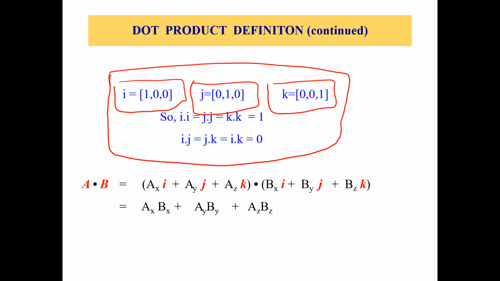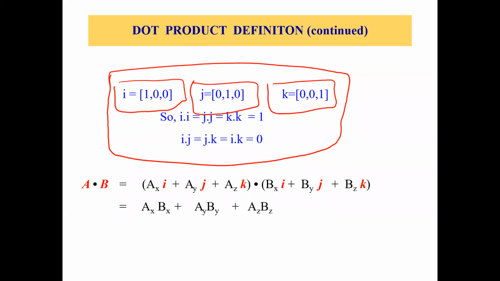And J is 0, 1, 0, K is 0, 0, 1, since it's for the z-axis. Now with this, you can say that I dot I, J dot J, and K dot K equal 1, right? You can just try and solve these. I dot I, J dot J, or K dot K, you'll get unity, you'll get 1. Whereas if you do I dot J, or J dot K, or I dot K, you'll get a 0, right?